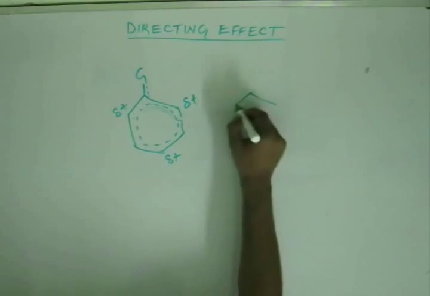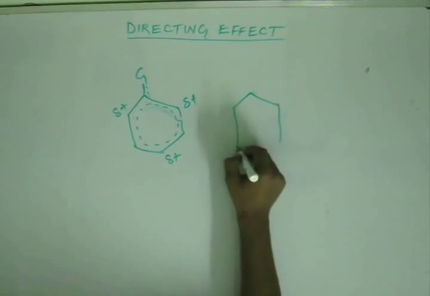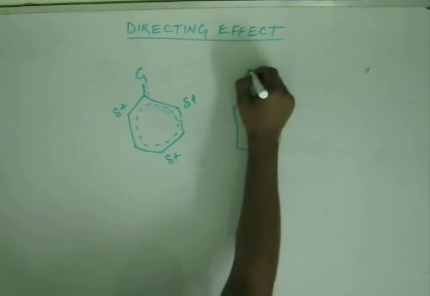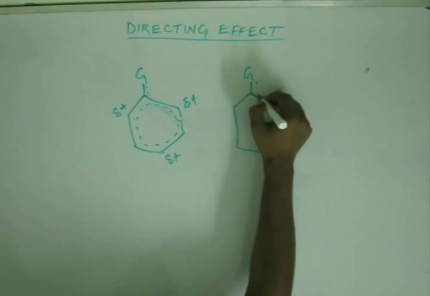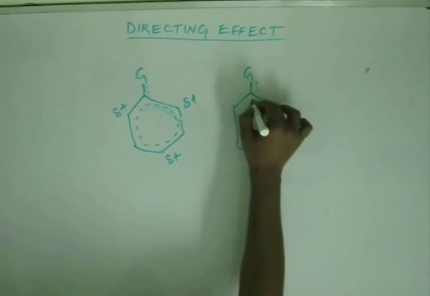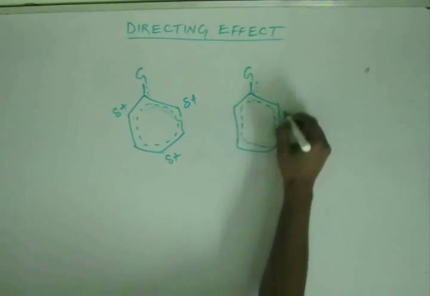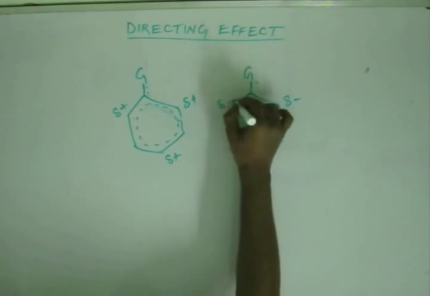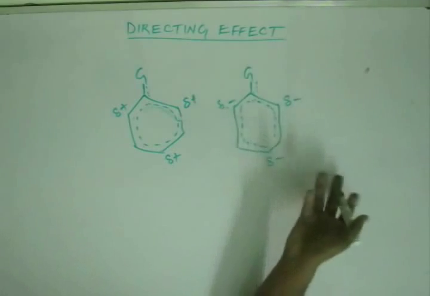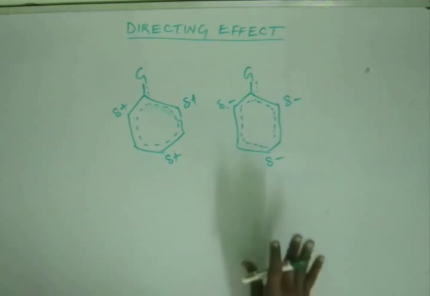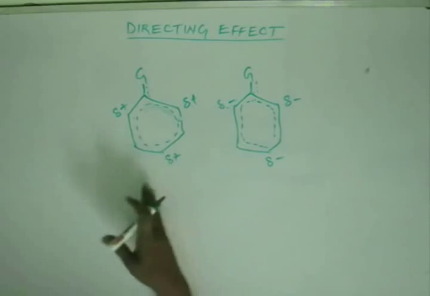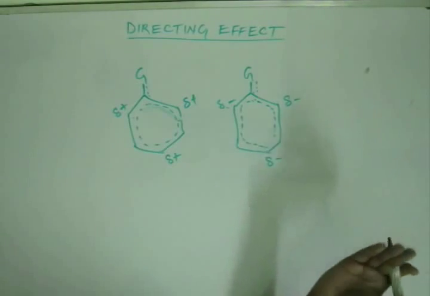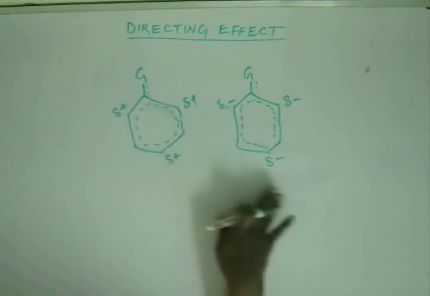And if a group is electron releasing, electron donating, or electron pumping, as I say, then there will be increased electronic density at the ortho-para positions. So whether it is withdrawal or donation of electrons, it is at the ortho-para positions.